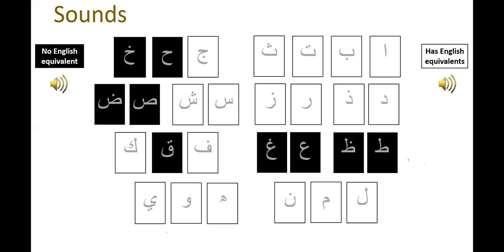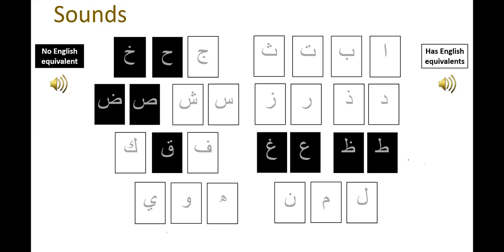Now, quickly, can one of you just tell me which are more, the letters with English equivalents or the letters without English equivalents? Who's the majority? The letters with English equivalents. Okay. So if so many letters have English equivalents in terms of sound, do we need to worry about them?